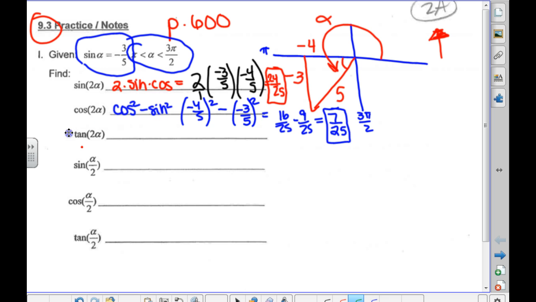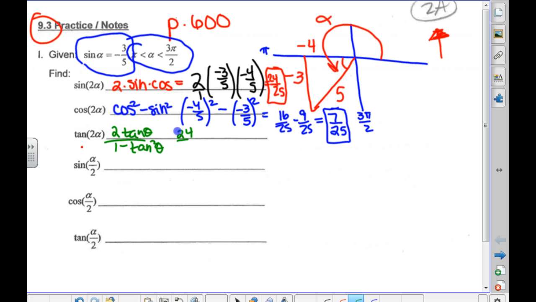All right? Now, tangent of 2 theta has a crazy formula on here. It's 2 tan over 1 minus tan squared. But if we've already done the double angle for both sine and cosine, do we remember a shortcut from yesterday? Ooh, it's just sine over cosine.